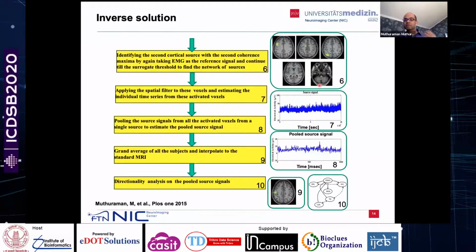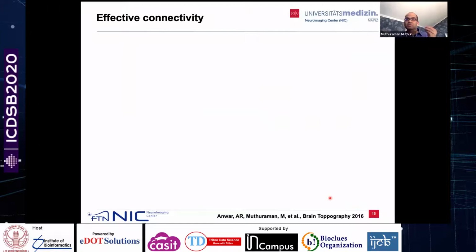The nice thing about this type of analysis is you can also get a signal out of this source as shown here, and then you can also do connectivity between these signals. Here I show the connectivity analysis we generally do in our data. We call this effective, meaning causal. So we want to know the causal information.